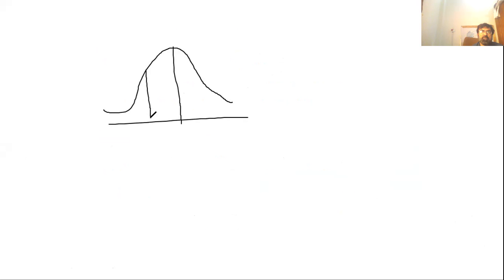30th percentile will fall somewhere over here. Now what you have to do, here is the 50th percentile. So we are dealing with this area from here to here. The total area up to the mean is 50%, and 30th percentile has got 30% of the area.